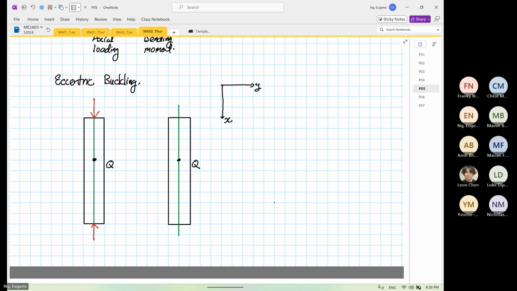So for this case, it is known as centric buckling.